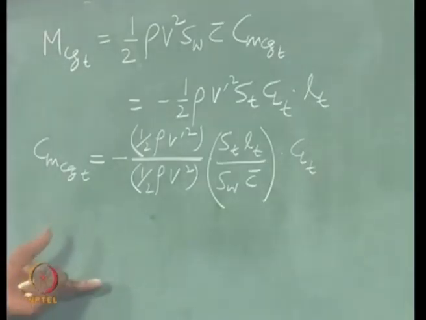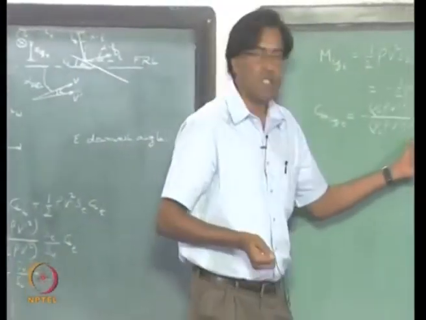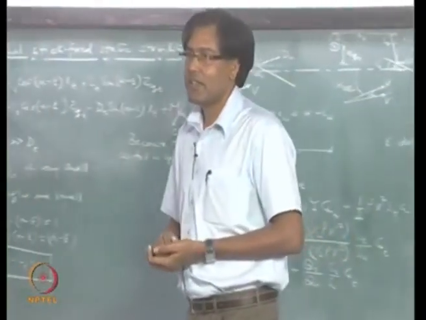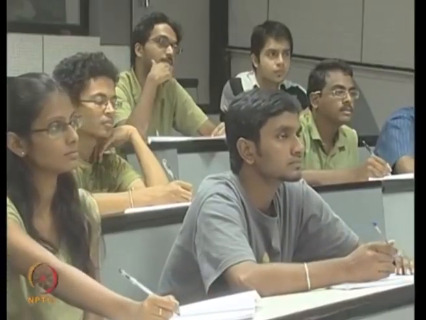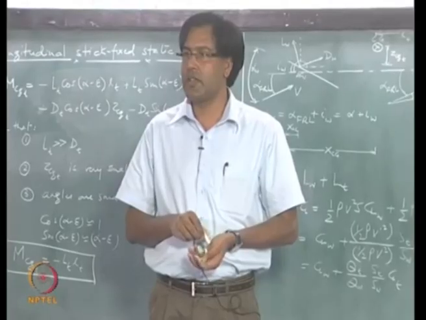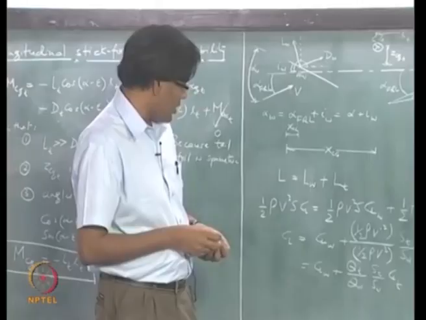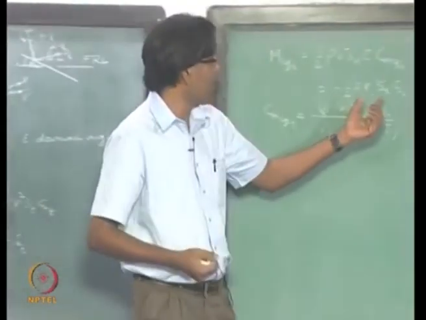Is this all right? Why are we using two different reference areas? Like the moment we use SW, the lift we are using SW. SW is S, okay. S is the reference area which I am taking as the wing platform area. For the lift also you should use the same reference area. No. You are talking about this quantity.